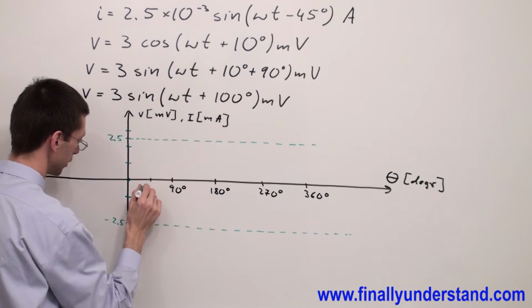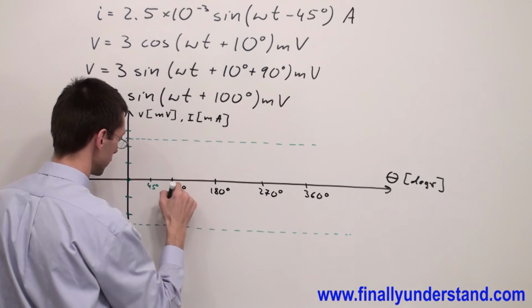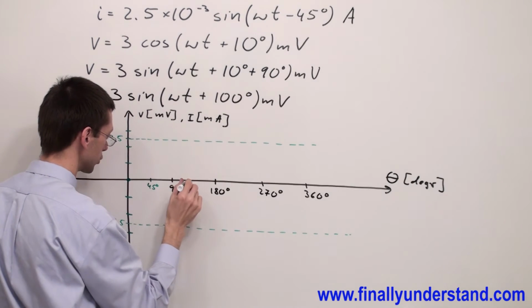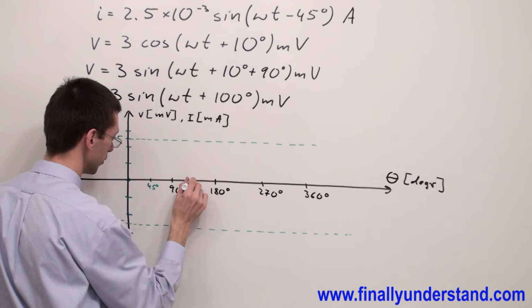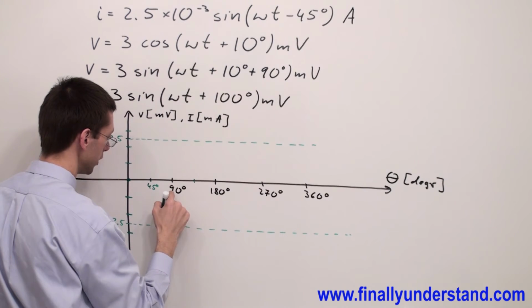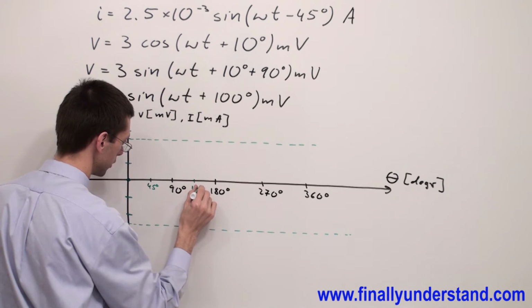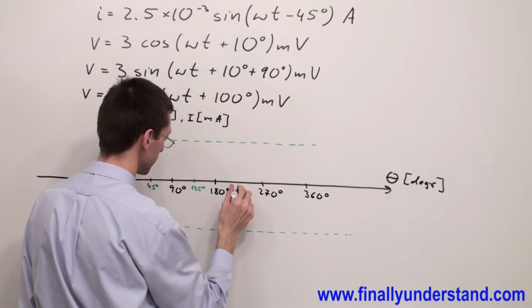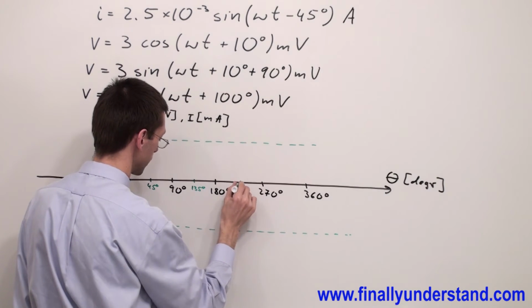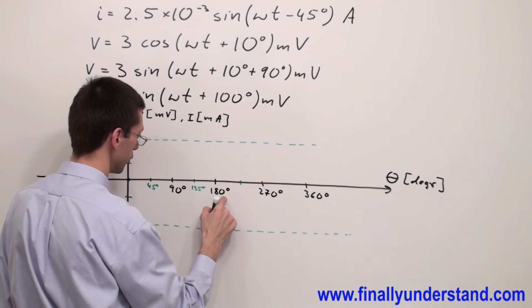So this is my 45 degrees. So this point has to be also moved to the right by 45. 90 plus 45 gives me 135. 180 also has to be moved by 45.